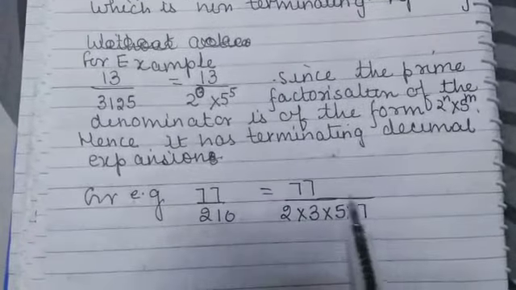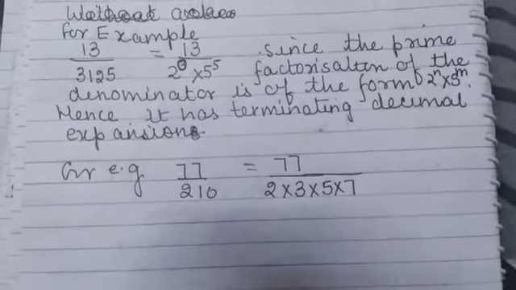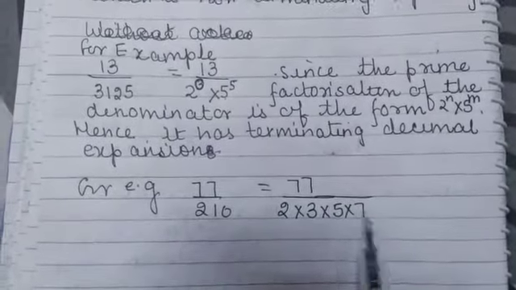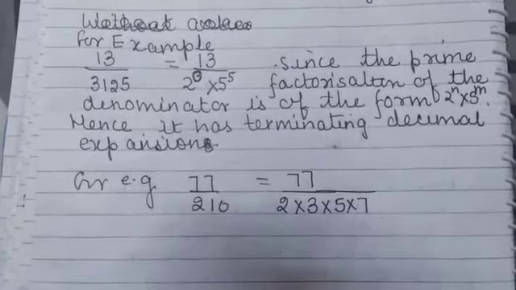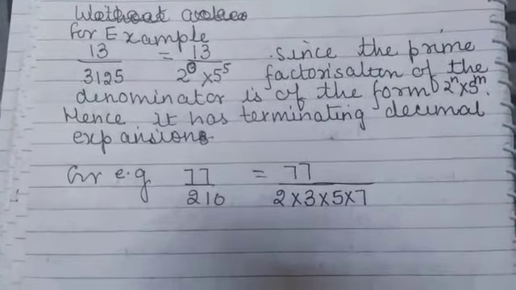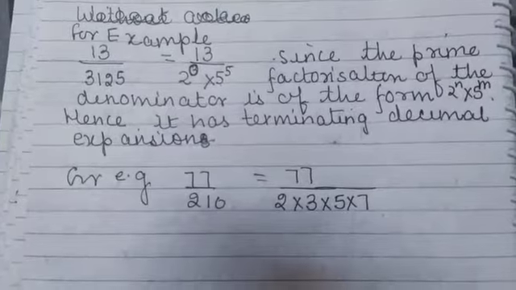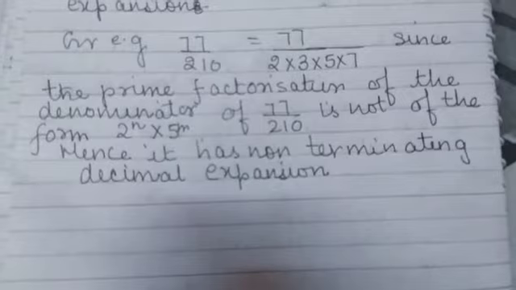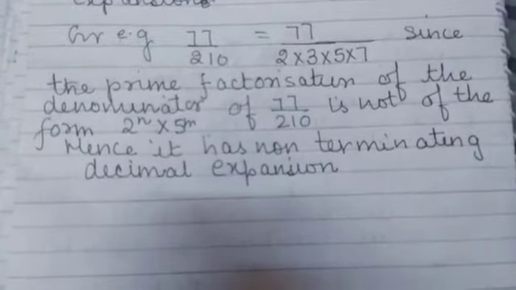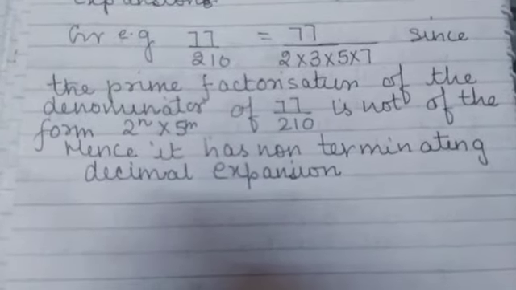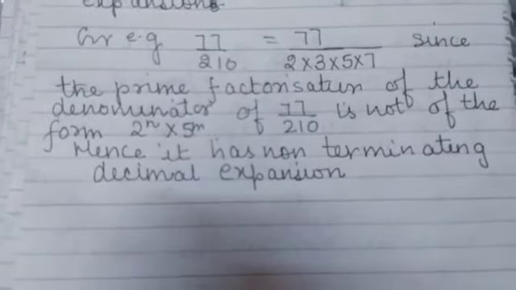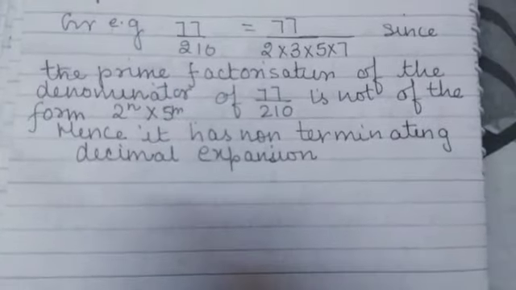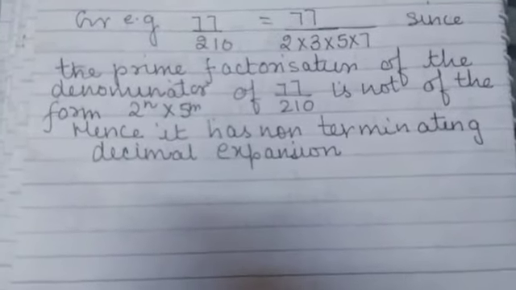Now, we know its denominator is other than 2 to the power n and 5 to the power m, because 3 and 7 are also there. So it is a non-terminating repeating decimal expansion. Is it clear? Since the prime factorization of the denominator of 77 upon 210 is not of the form 2 to the power n into 5 to the power m, hence it has a non-terminating decimal expansion.